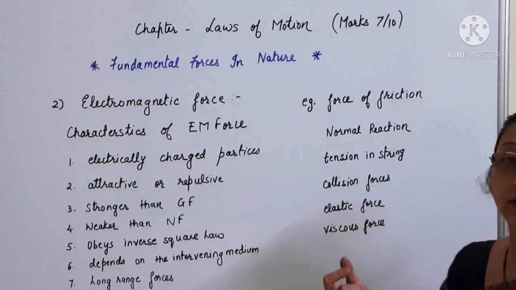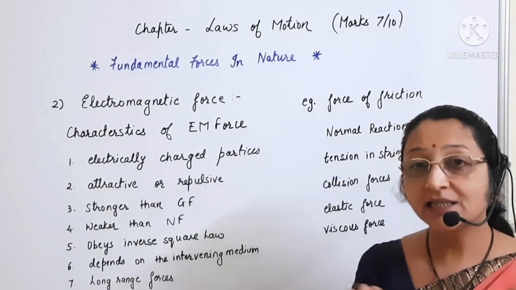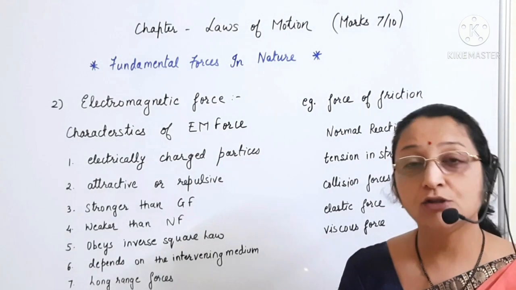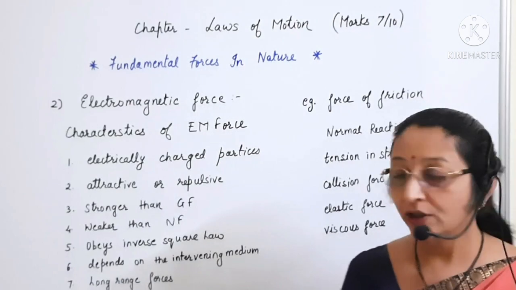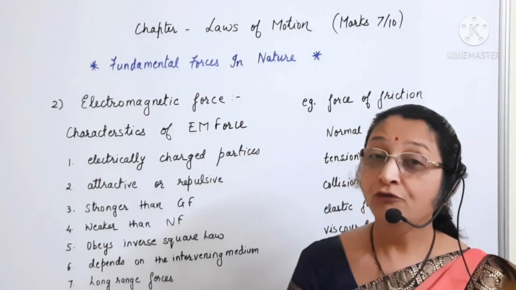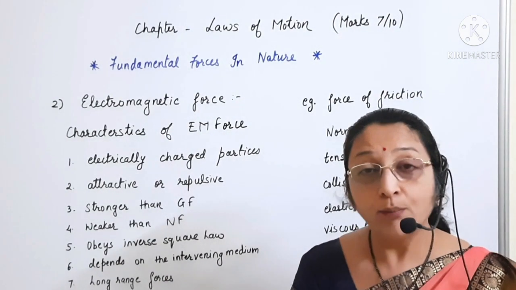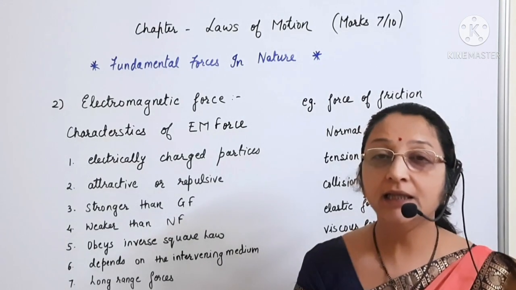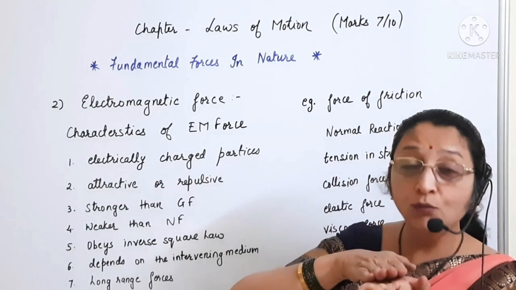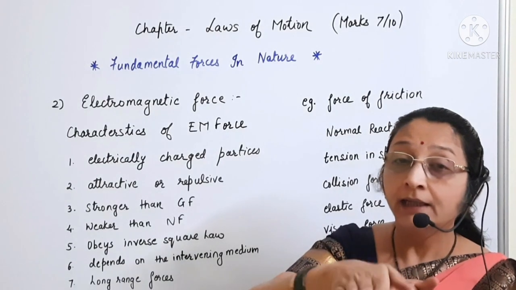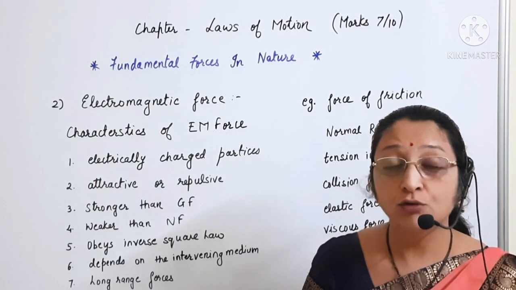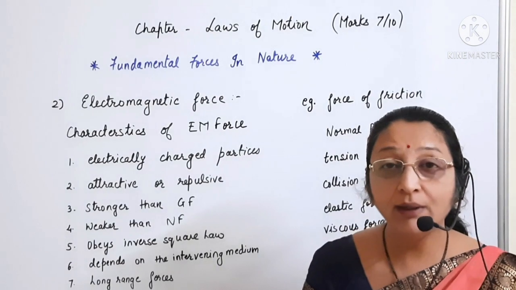The elastic force, we know that there are some elastic bodies. The metals have elasticity. So the elastic force is also electromagnetic in origin. And the viscous force, like the frictional force which is the opposing force in solids, similarly there is an opposing force in liquids also. That is, when one layer of liquid is moving over the other layer, there is an opposing force created opposite to the direction of motion of the liquid layers.